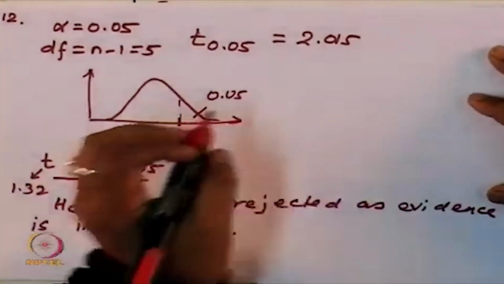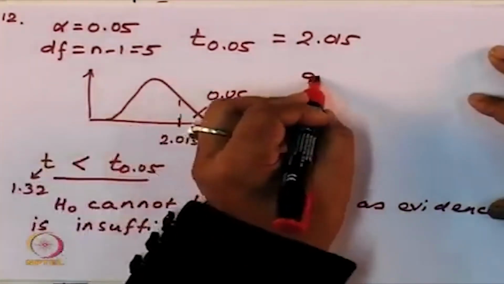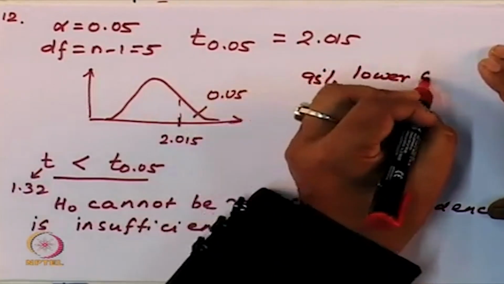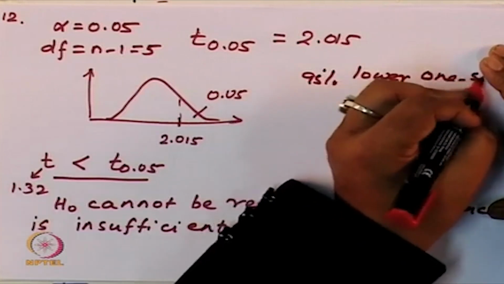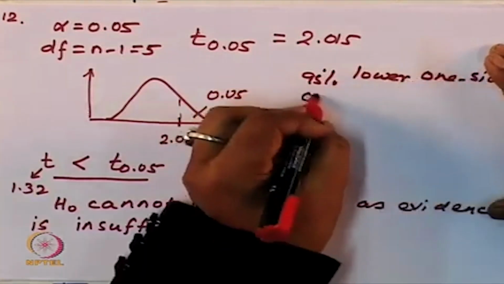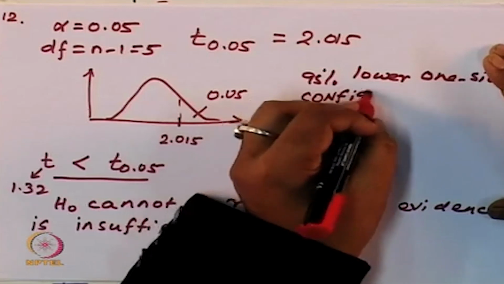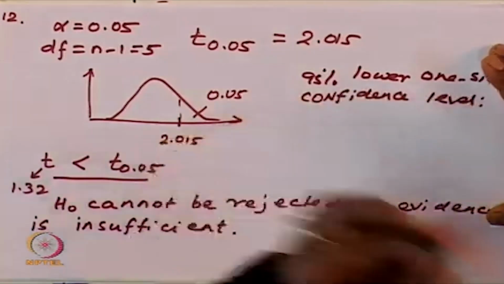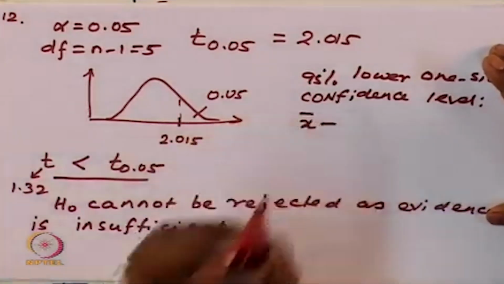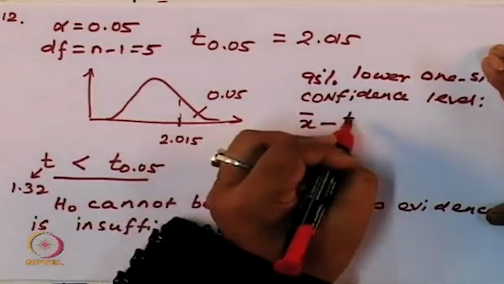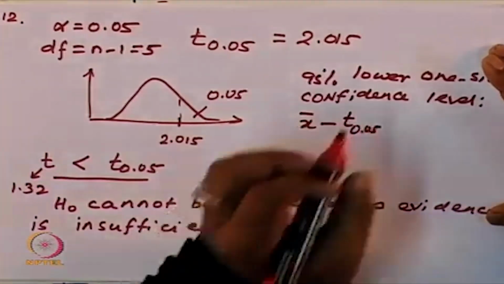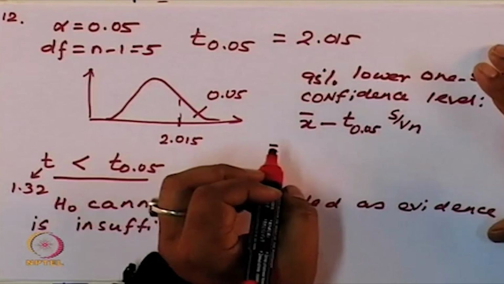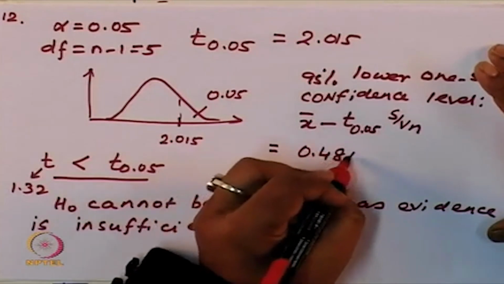You can also calculate the 95% lower one-sided confidence interval. This comes out to be x bar minus t of 0.05 into s by root n, which is 0.484.